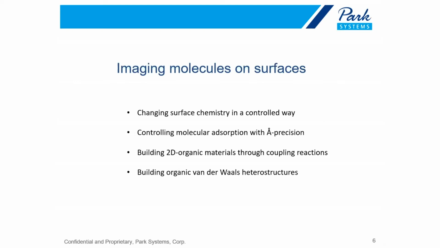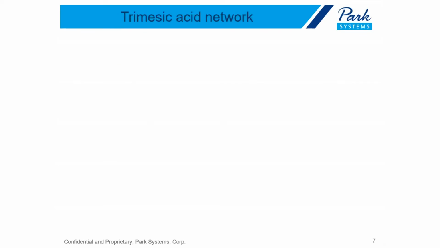You can also build various 2D organic structures either via hydrogen bonding, like nature does, or via covalent bonding, and approach structures similar to graphene and so on, but with a tunable bandgap, for instance. In the same way, you can build molecular layers one on top of the other, controlling the spatial organization both laterally and vertically. So let's look at the first example. Let's take trimesic acid, a very small molecule, just a benzene ring with 3 carboxylic groups.